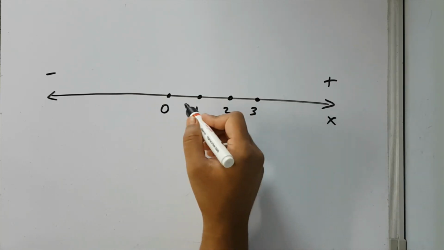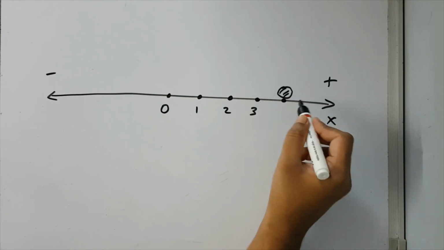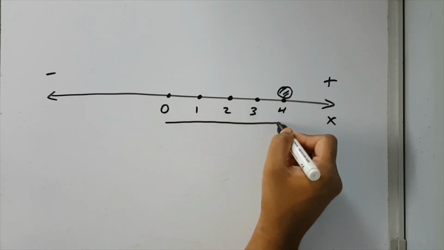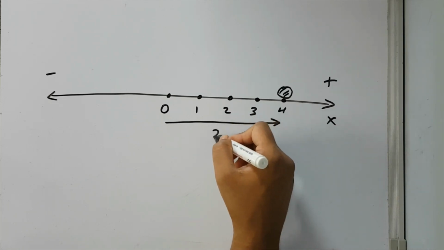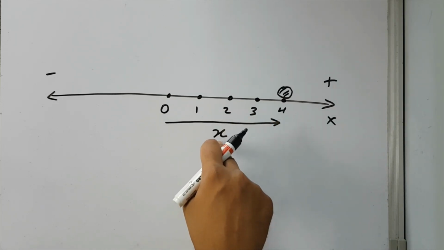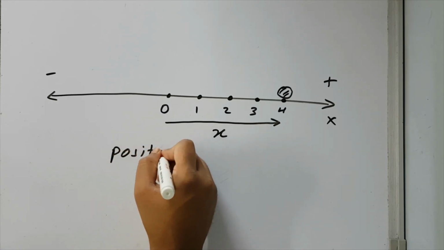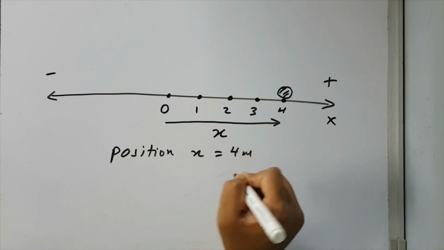If the particle is here, then its position is this arrow from the origin to that point, and the position is denoted by x. In this case, x would be 4 meters.